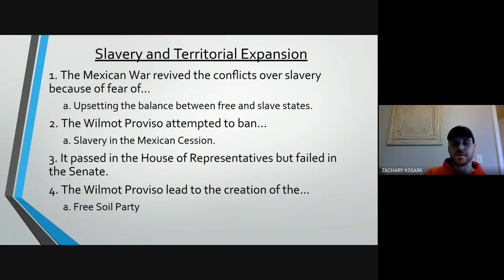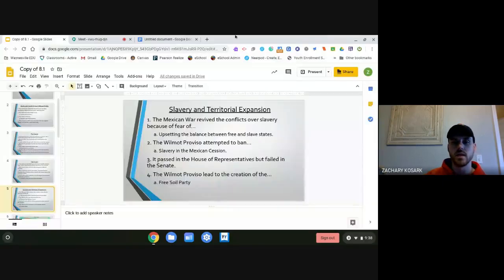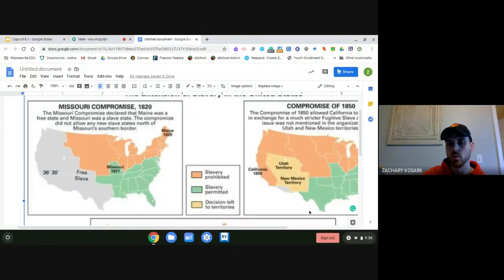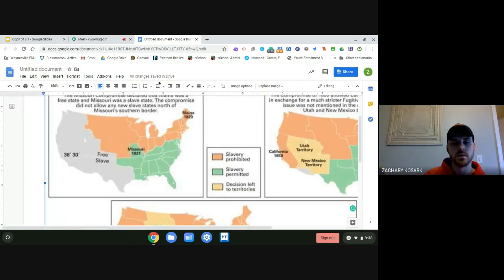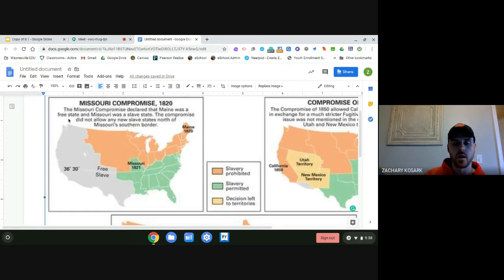One thing that was set out was the Wilmot Proviso. It attempted to ban slavery in all of the Mexican Cession, which is all of the area that we get after the Mexican-American War, all of this stuff in gray.